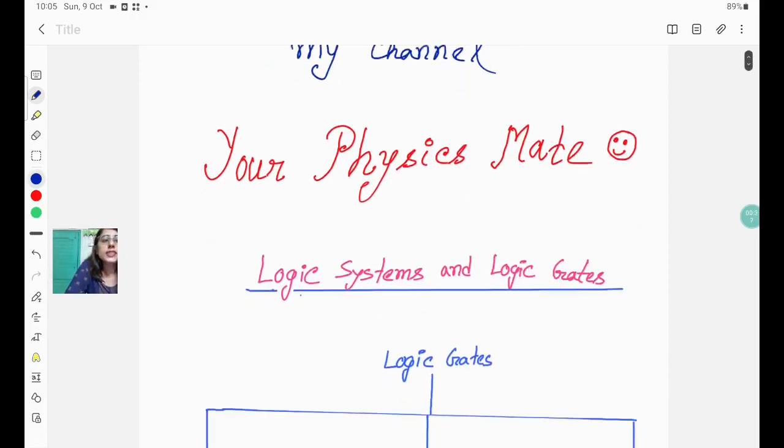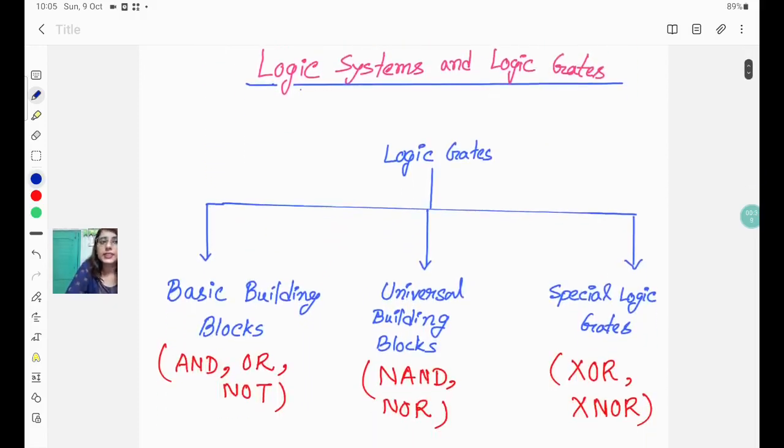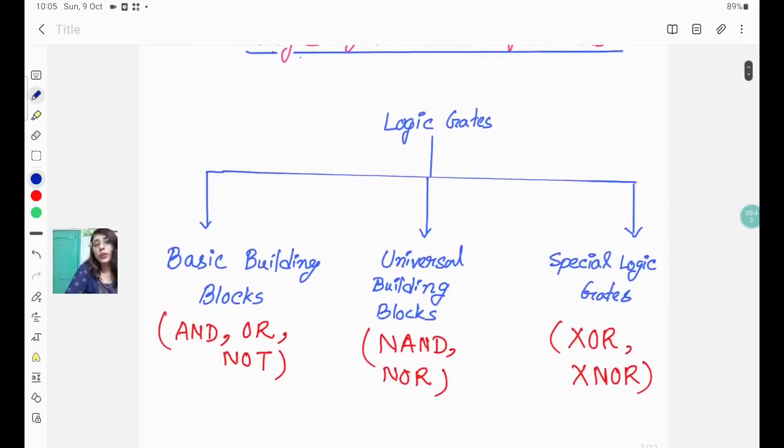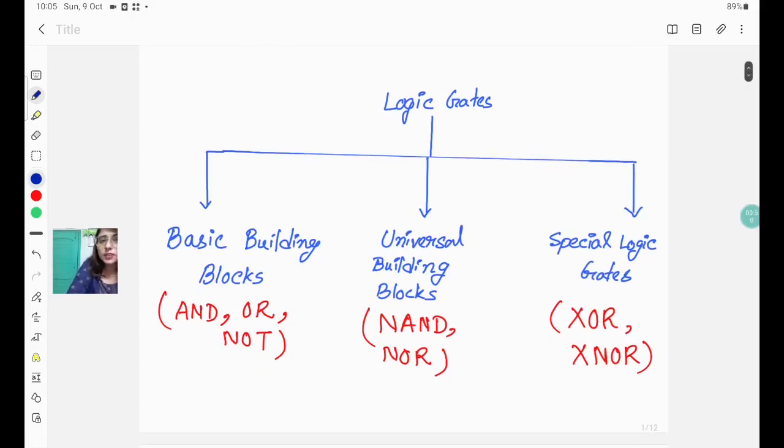The logic gates are basically divided into three parts. The first one is called the basic building blocks, the second one is called the universal building blocks, and the third one is called the special logic gates.